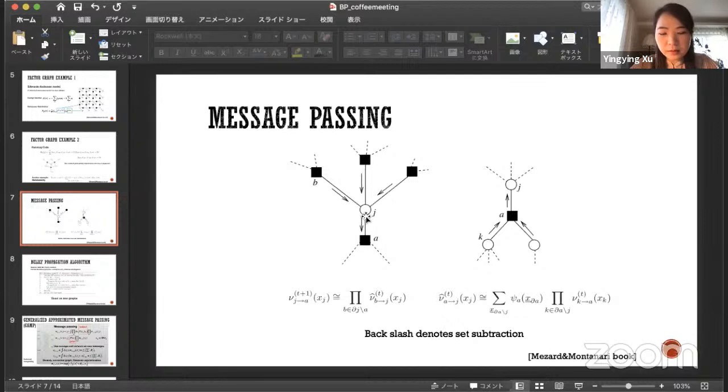And I pass this information to this function node A. Then A does the same thing to the next neighbor: when I only know this part of the graph, what can I know? Then I give this information to this node j. So this process is reiterated again and again until convergence. Converge means the updates do not move anymore. So the information passing stops.